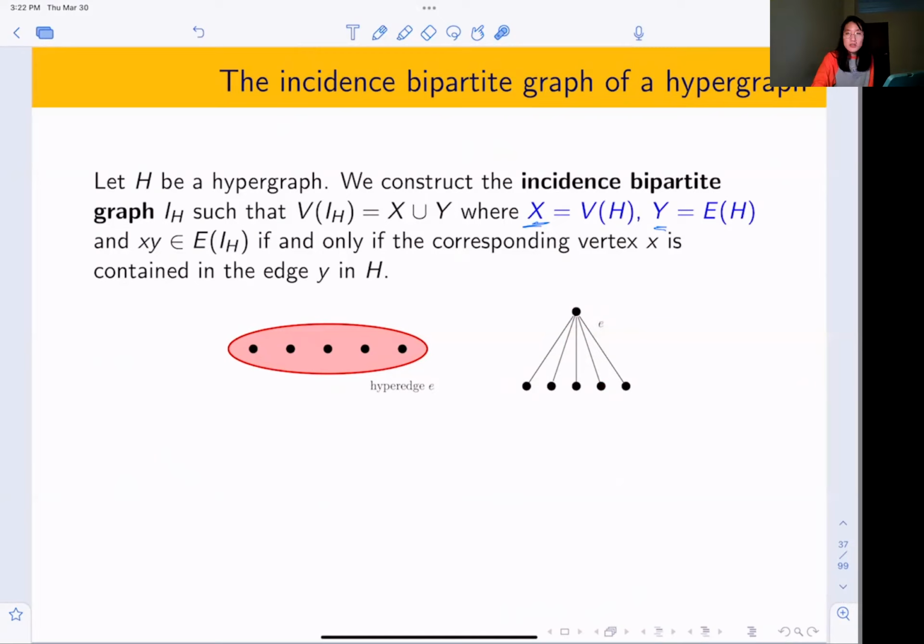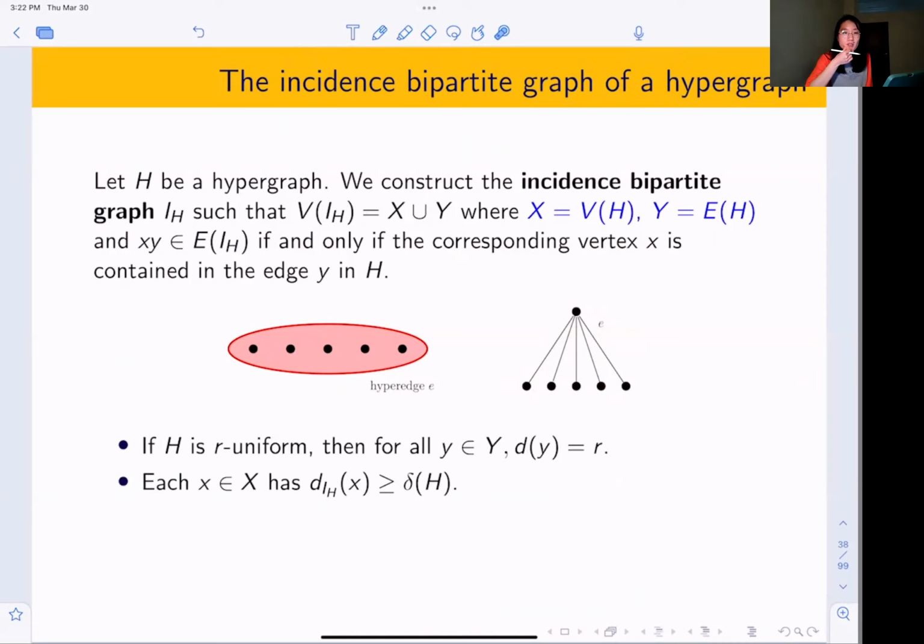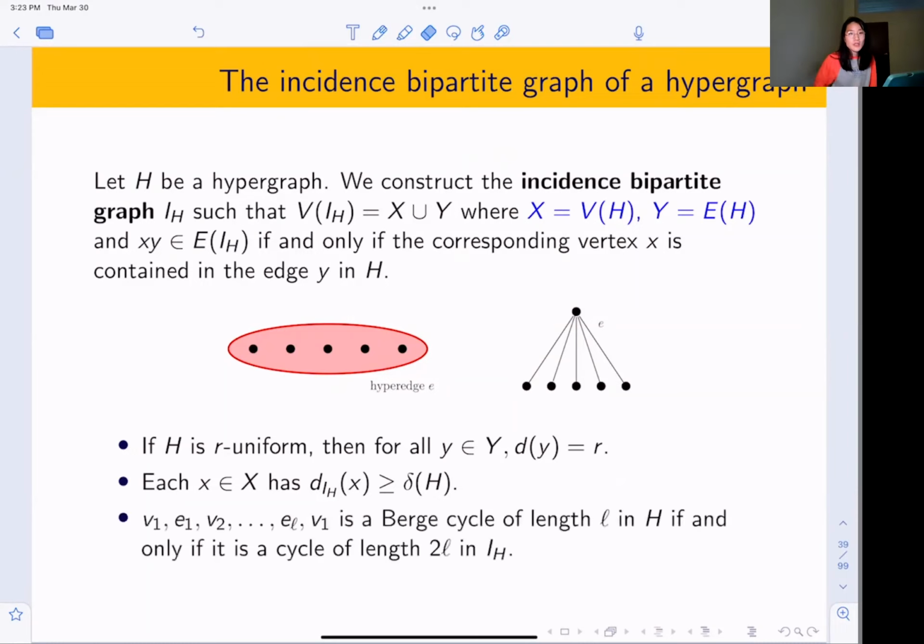Okay, so the properties: if I have an R-uniform hypergraph, then every vertex corresponding to an edge has degree R. And moreover, if I have some minimum degree condition in my hypergraph, then all of the vertices corresponding to the actual vertices will have degree at least delta of H. And most importantly here, if I have a Berge cycle of length L, this is an alternating sequence of vertices and edges, and it is going to give us a cycle of length 2L in the incidence bipartite graph, and vice versa.